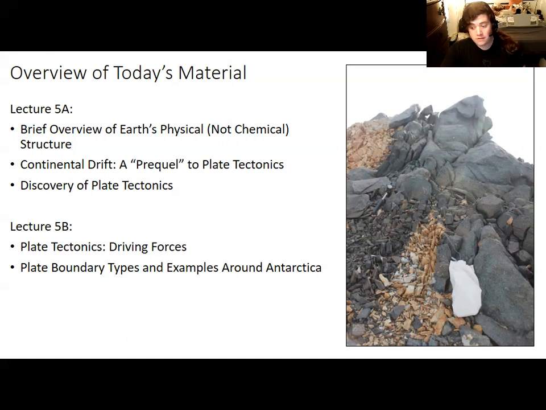That's something I've alluded to in past lectures in the context of Antarctica and its past geographic location over geologic time. The second half of the lecture will delve into the forces that drive plate tectonics as best as we understand them. Then we spend a while on the different types of plate boundaries, and I go over some examples of how those different types of plate boundaries exist in Antarctica.